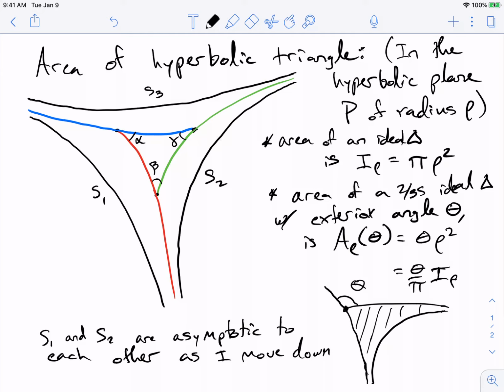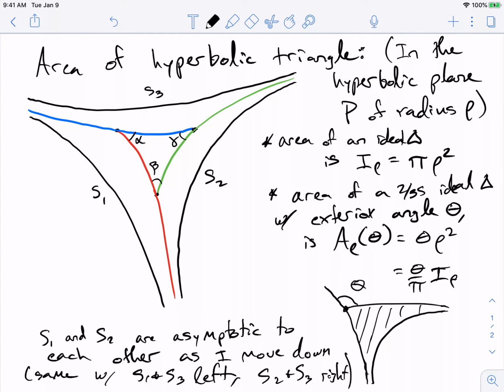They're getting closer and closer to the red geodesic, and arbitrarily close, in fact. And so therefore they must be getting closer and closer to each other. And similarly with S1 and S3 going left, and S2 and S3 going right.